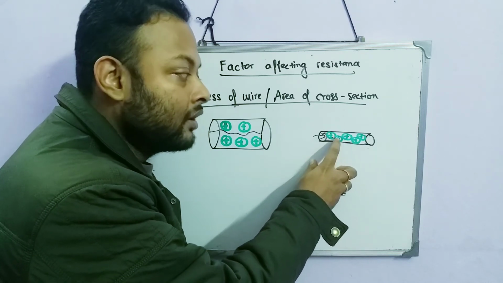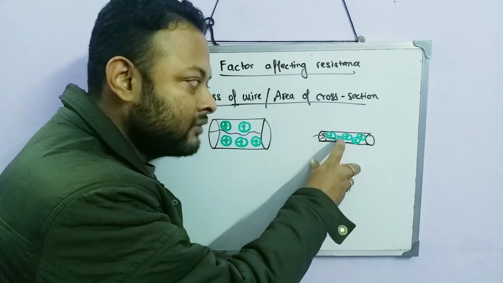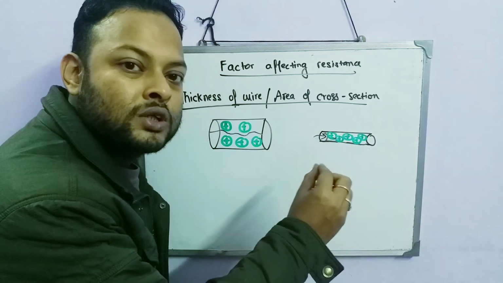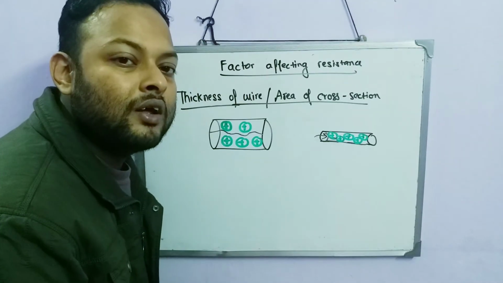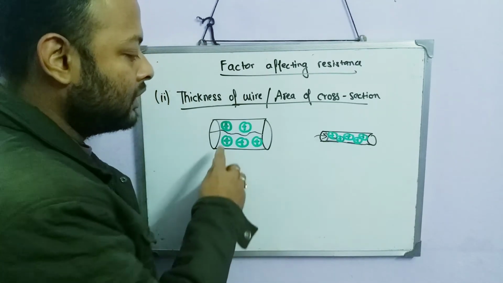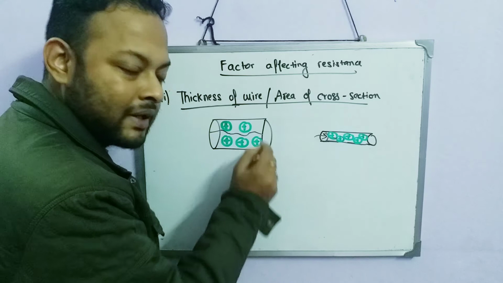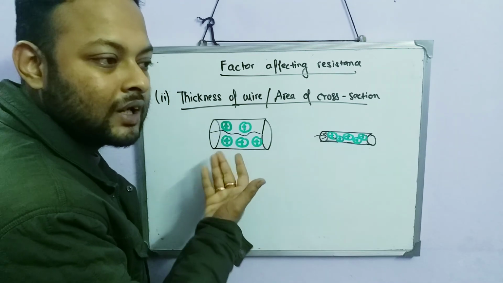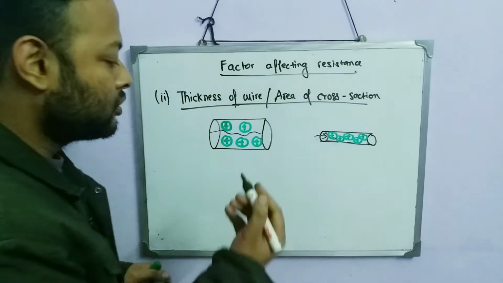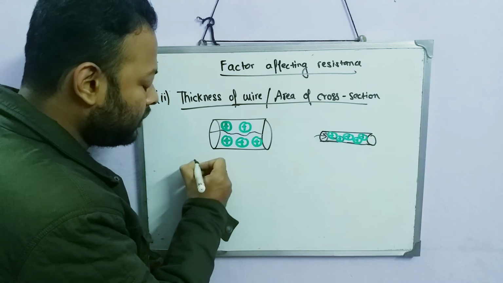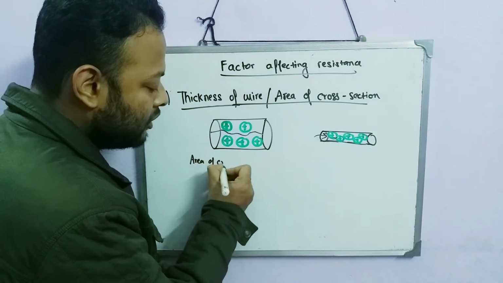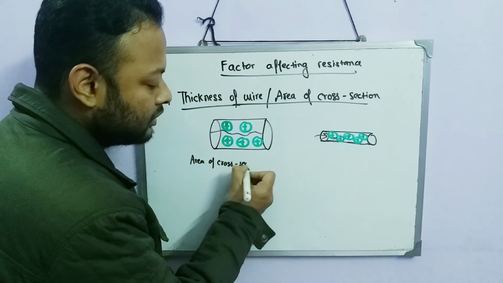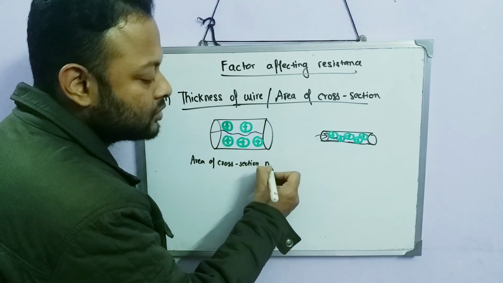Means now the positive ions are closer to each other. So if an electron is passing through it, it will suffer more collision. Over here the electron can pass easily through the spaces, and over here it will suffer less collision. So over here, area of cross section is more.